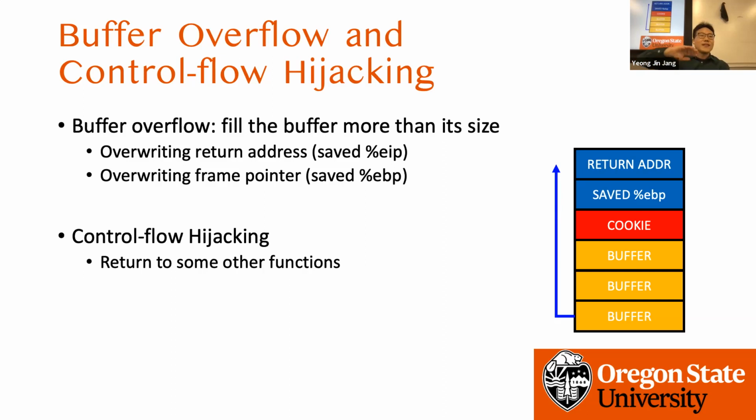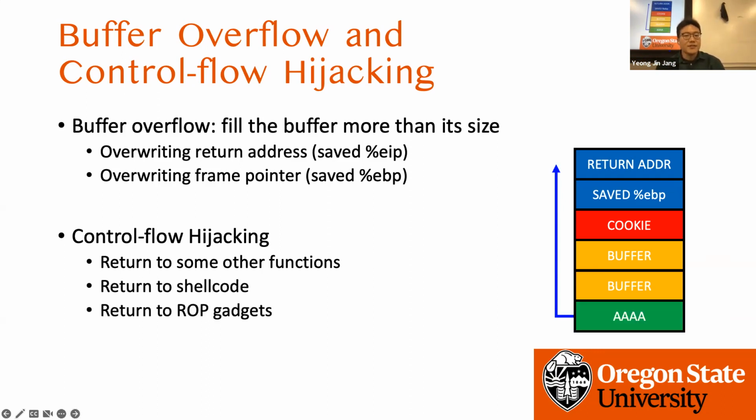Not just diverting the control flow to our shellcode: if we can divert from one function to another, and that is unexpected behavior of the program, then that is control flow hijacking. So it could be return to some other function, return to shellcode, return to ROP gadgets, all fall into control flow hijacking. And the method is somewhat simple, like with the buffer overflow attack.